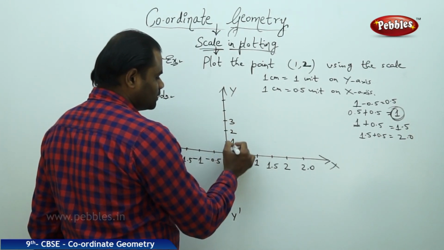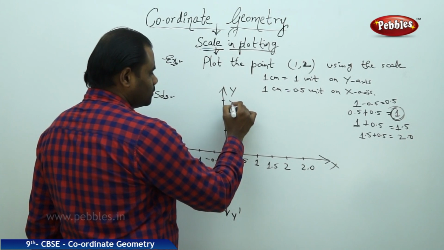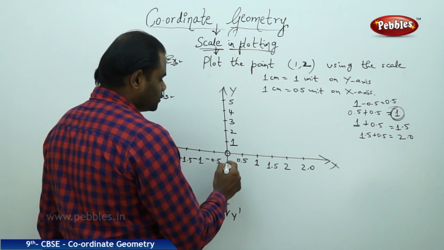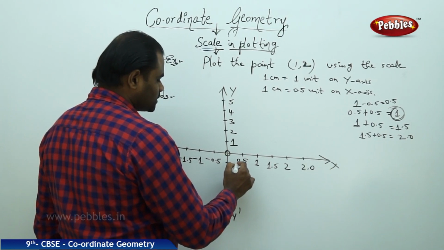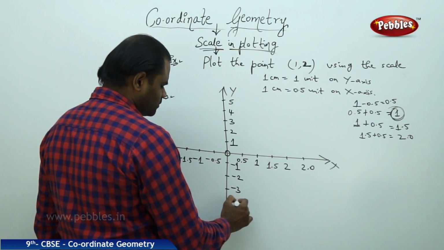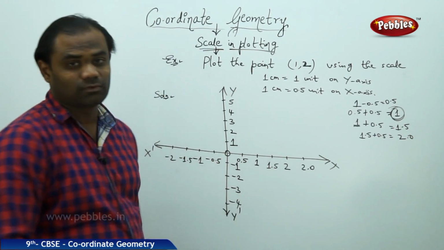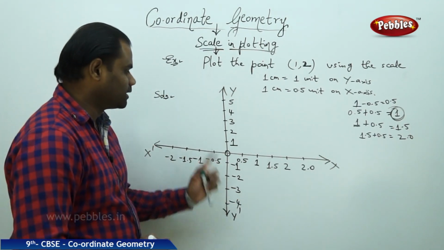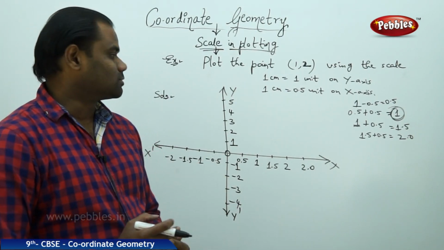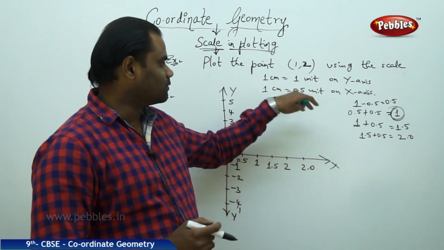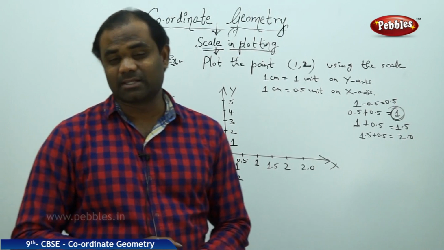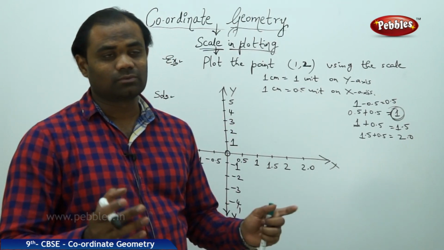So I get this to be 1, 2, 3, 4, 5, and every unit down is referred to as minus 1, minus 2, minus 3, minus 4, etc. That is how we get the different grids out here. So scaling on the x-axis is done with 1 centimeter equals 0.5 units, and scaling on the y-axis is done with 1 centimeter equal to 1 unit.